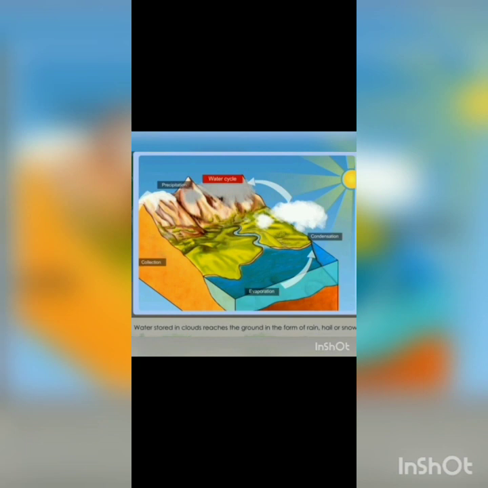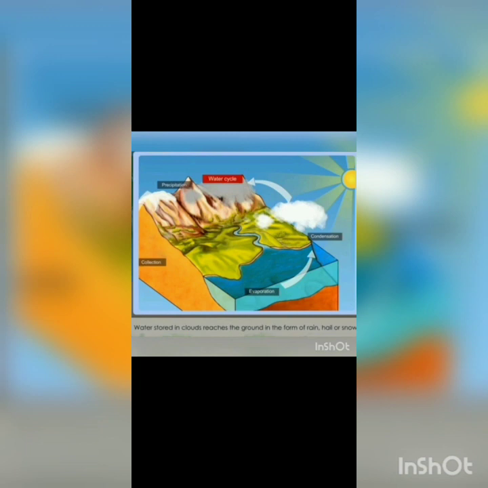Change of water vapor into water drops is called condensation. Third one, precipitation. What is that? Water stored in clouds reaches the ground in the form of rain. That is known as precipitation.